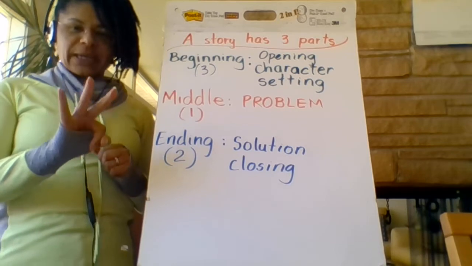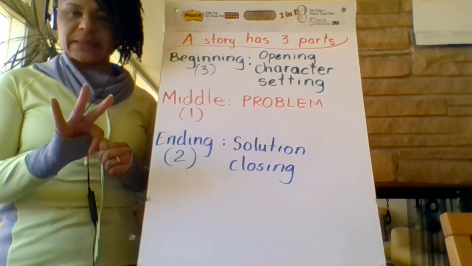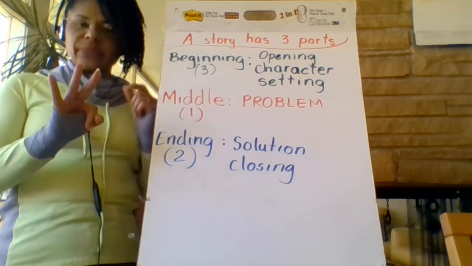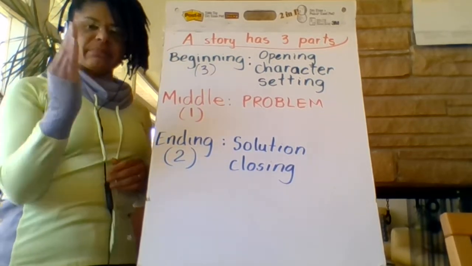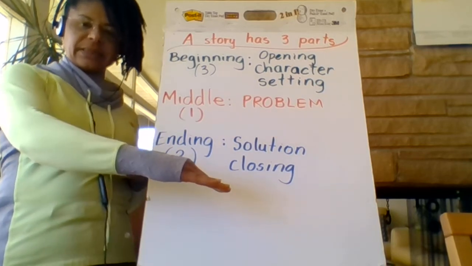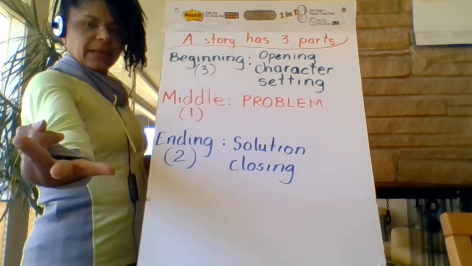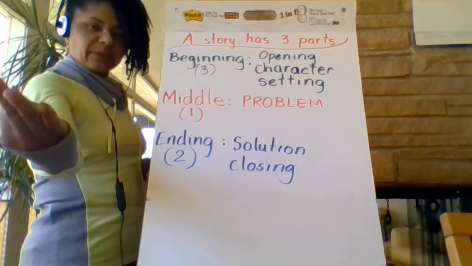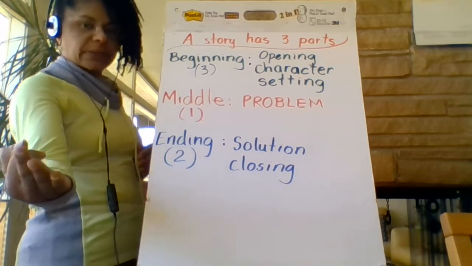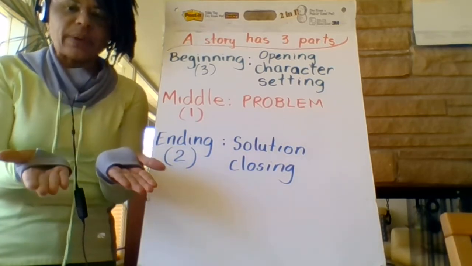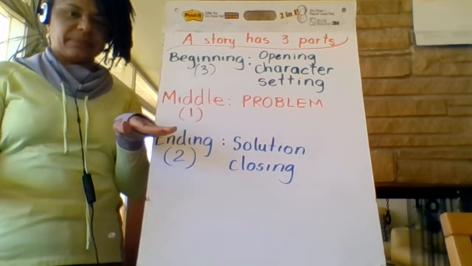A story has three parts. A story has three parts. A story has three parts, and they are the beginning, middle, and ending. The beginning has three parts. The beginning has three parts, and they are the opening, characters, and setting.